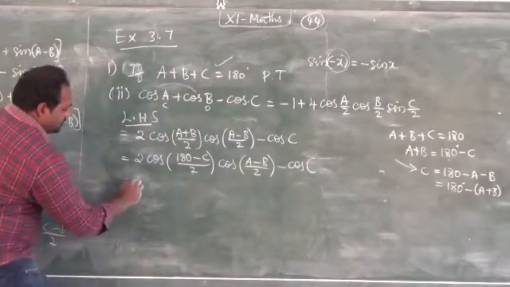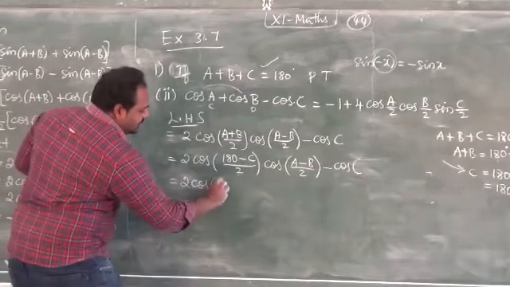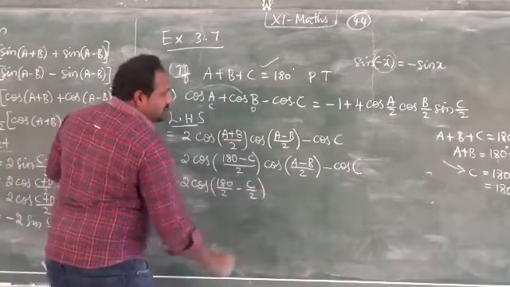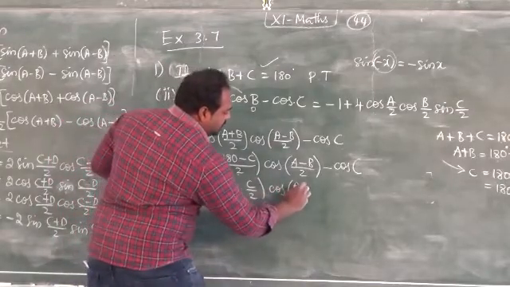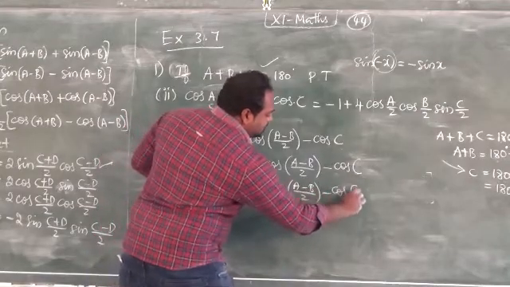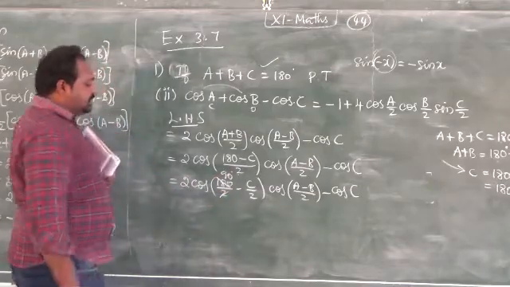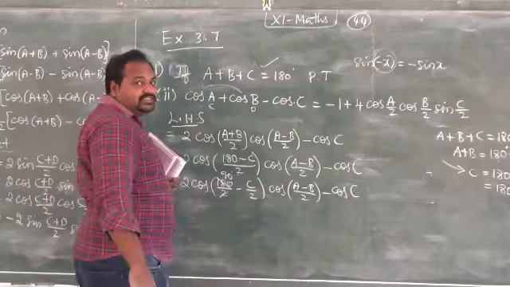So here 2 cos of, if I split this denominator for both, cos A minus B by 2 minus cos C. So if I cancel this, it is 90 degrees, isn't it? So cos of 90 minus theta is first quadrant.